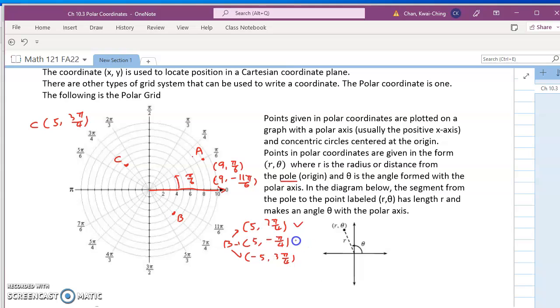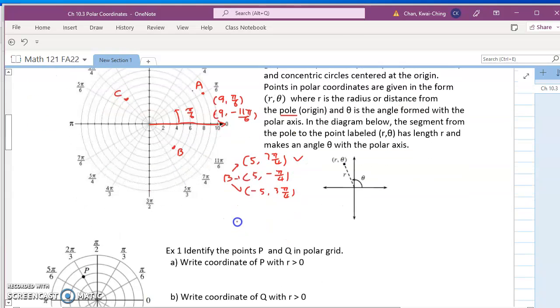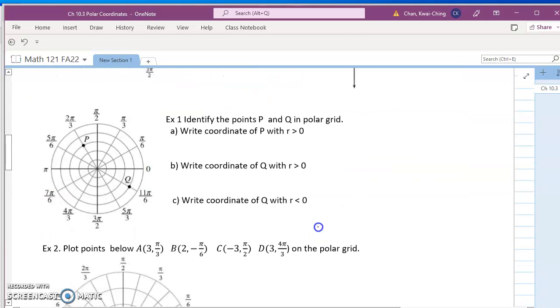These two are not as popular, but I just want to tell you that they're equivalent to 5, 7 pi over 4. So that is kind of like the difficult part of naming a point in the polar coordinate. There are multiple ways to name a point. So let's do some examples.